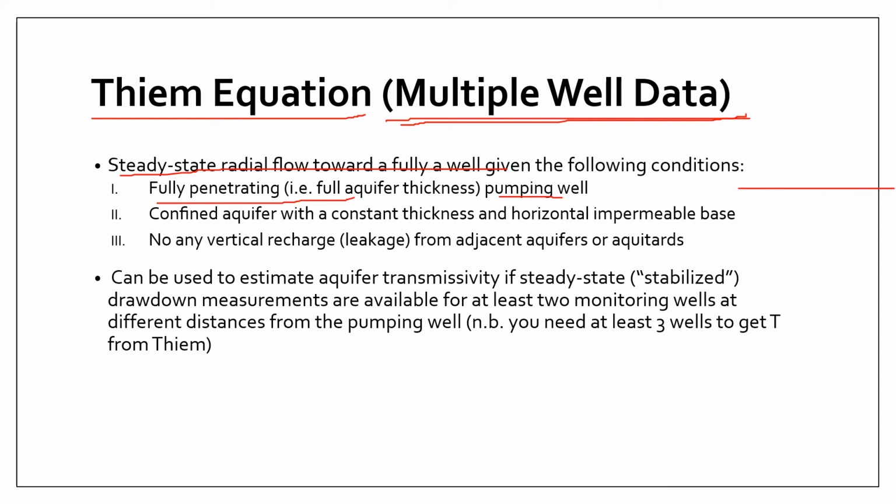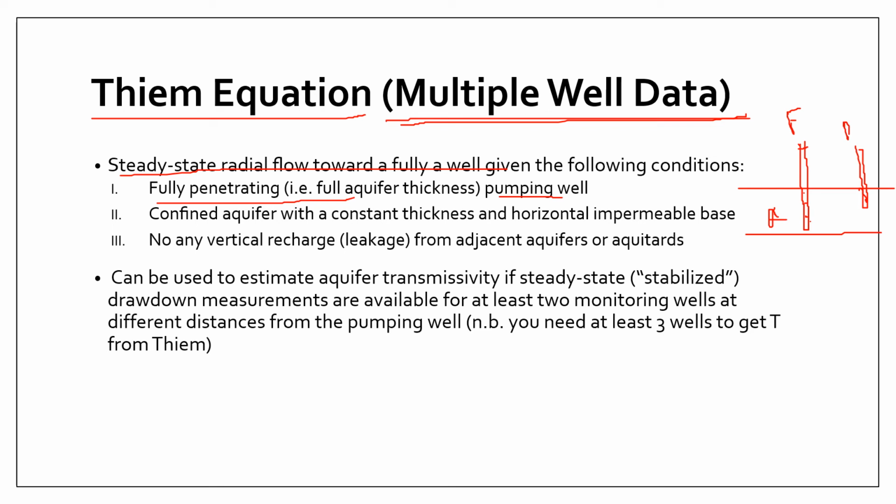Meaning if this is your aquifer, it means that your well is fully penetrating the whole thickness of your aquifer. So this is a fully penetrating well, and this is a partially penetrating well.